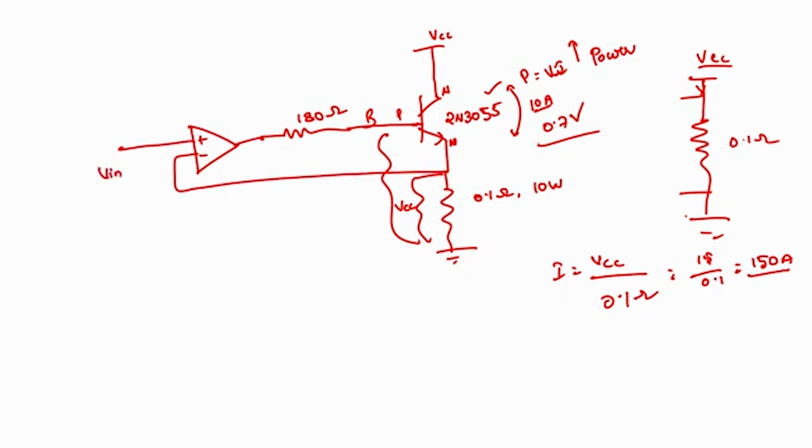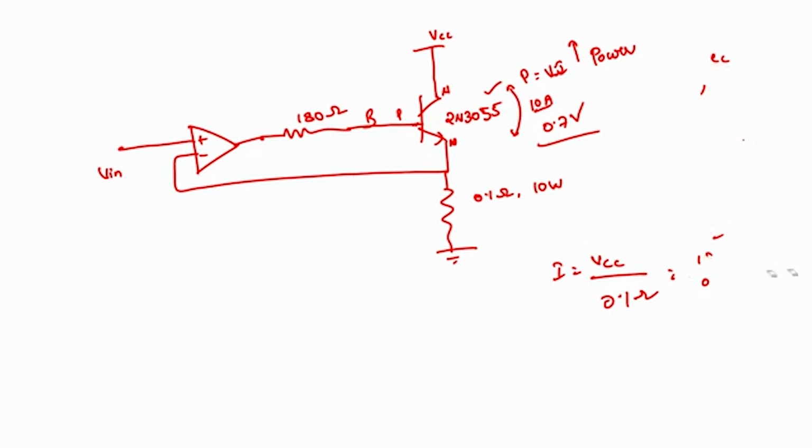How? If you recall the operational amplifier basics, there are two golden rules. One is the virtual ground concept. What does it mean? Whatever input voltage you apply at the positive terminal, the same voltage will appear at the negative terminal.